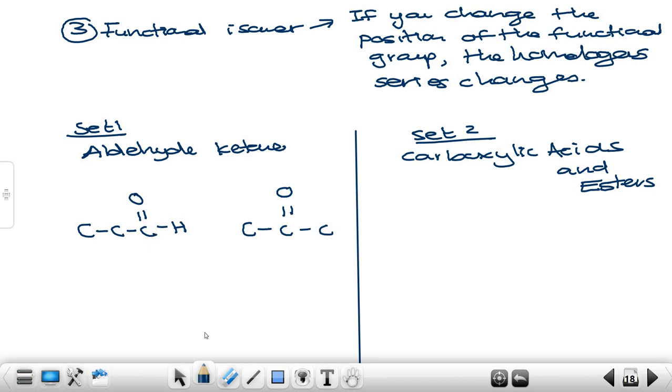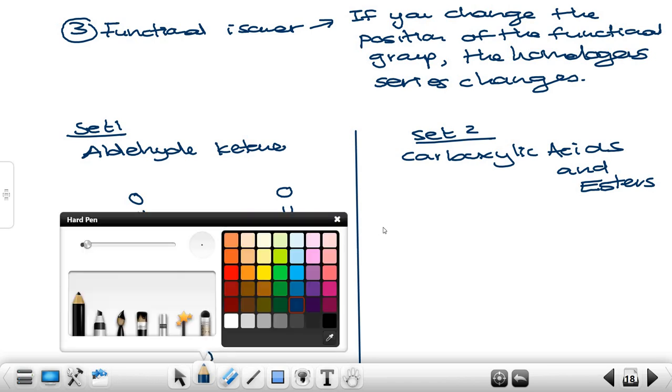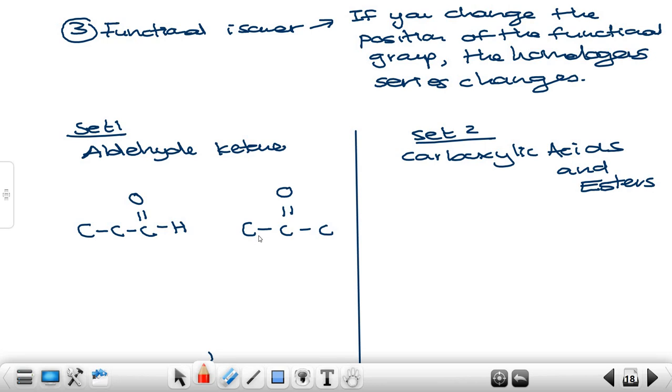So you can see that if you move the position of the functional group, 1, 2, 3, if I move this functional group here from carbon 1 to carbon 2, it is going to look exactly like that. And if I move this functional group from carbon 2 to carbon 1, it is going to be an aldehyde.